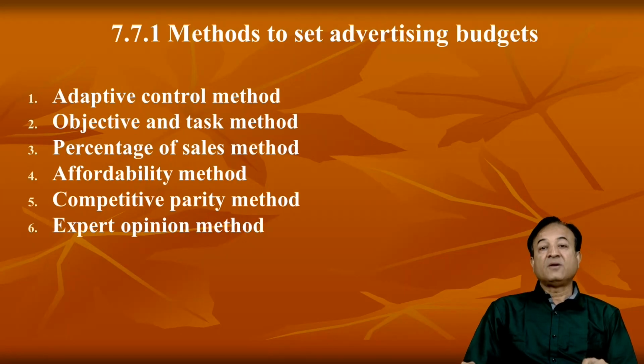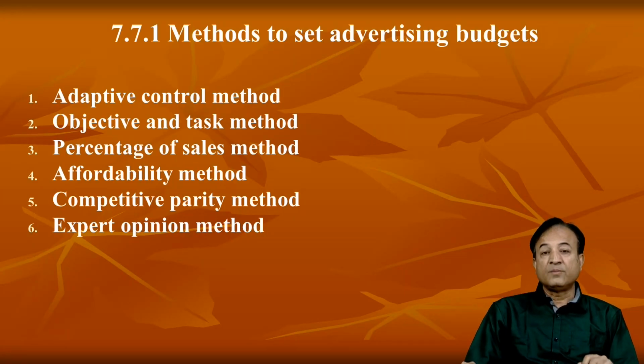This is the method more used by marketers where advertising is not considered among the most important functions of marketing. Here, the marketer allocates funds to all the different activities that he wants to carry out, and the remaining amount is allocated for advertising.